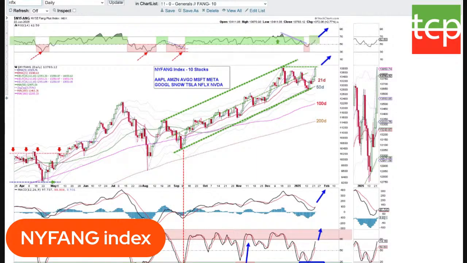There's one thing that some of the new members have asked me about Money Magic levels, and it's very simple. If you understand what dealers are doing, you've got a put wall down below, that's support. The dealer has the incentive to keep price above that put wall because they're short the puts at that level. The call wall is the exact opposite. The dealer has the incentive to keep price below that upper call wall because they're short those calls.